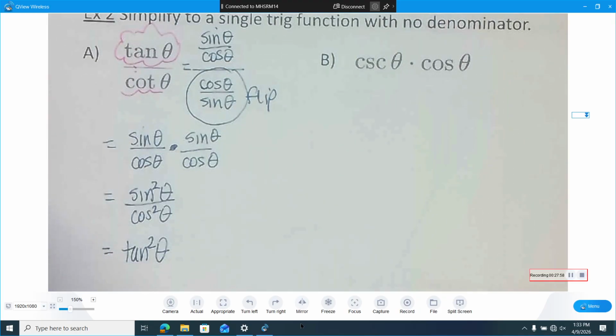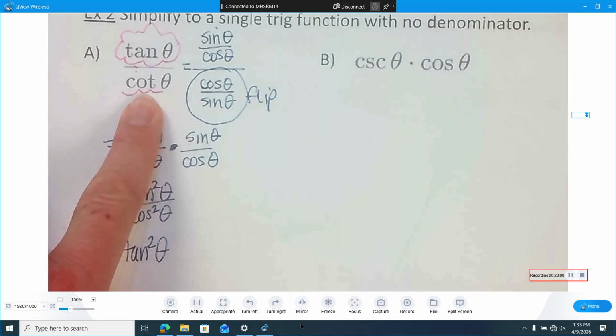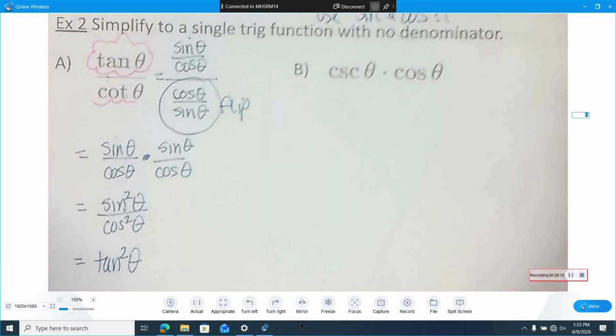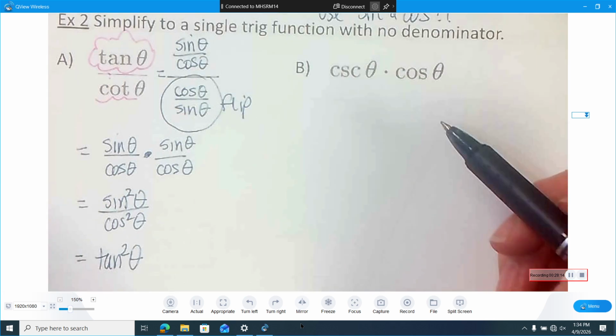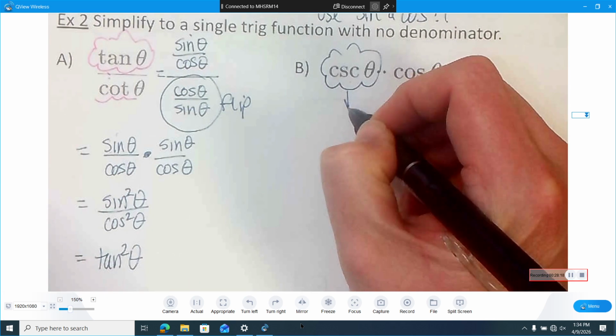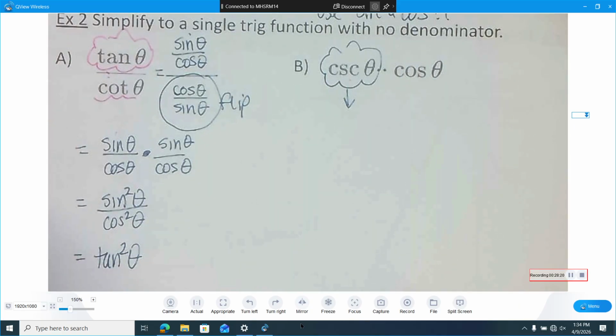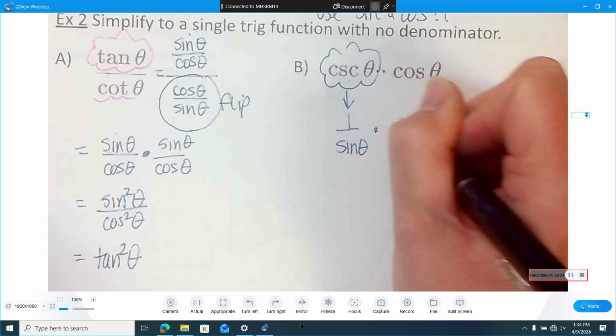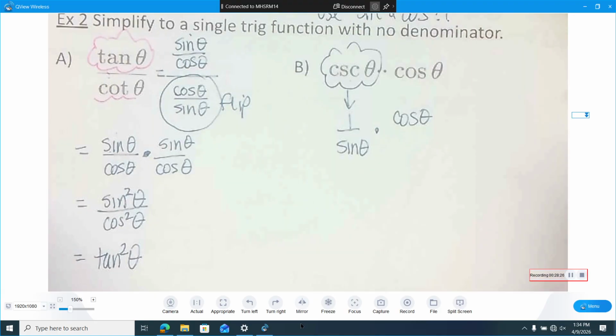Now, there was definitely a simpler way to do that. You could just rewrite it, change that one to 1 over tangent, and do the same thing. I probably should have done that, but let's stir things up. Cosecant. What can cosecant be rewritten as? 1 over sine. This one is times cosine.